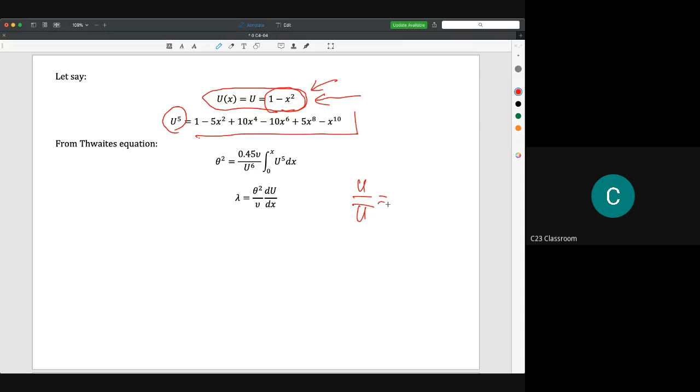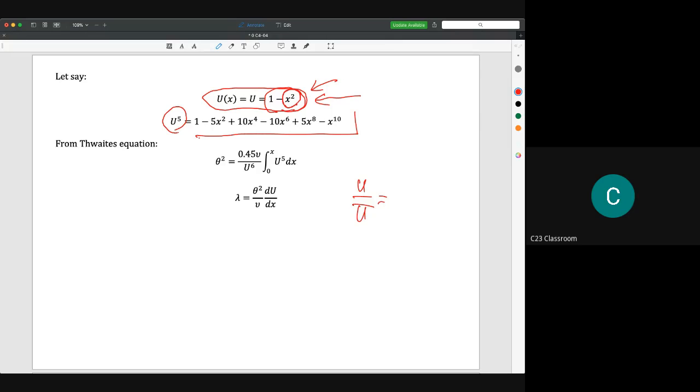This is the ratio between the local velocity and the free stream velocity. But in this velocity equation, it depends on the value of x. So it is actually a graph showing you the flow lines for that certain situation.